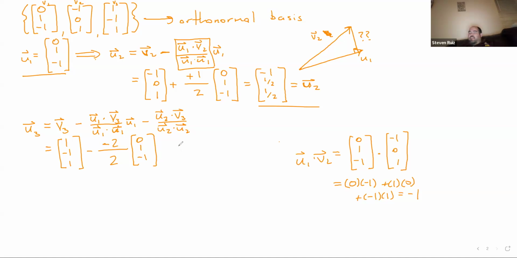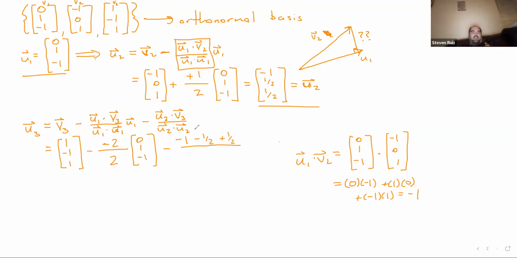And then we got to subtract off the piece that is basically the agreement between V3 and U2. So whatever directionality they share. So U2.V3, U2 is negative, so -1 times 1. So -1. 1/2 times -1. So -1/2. And then 1/2 times 1. So +1/2.